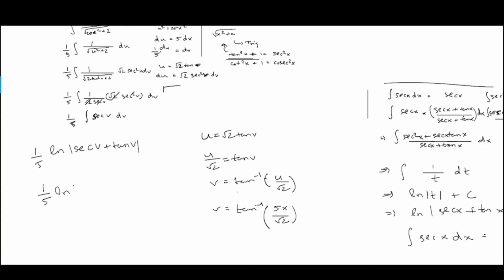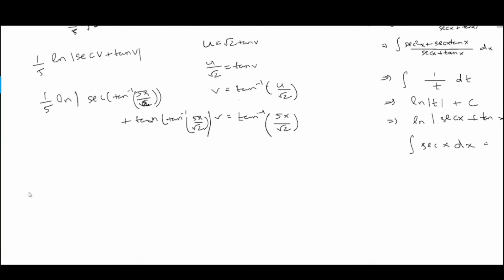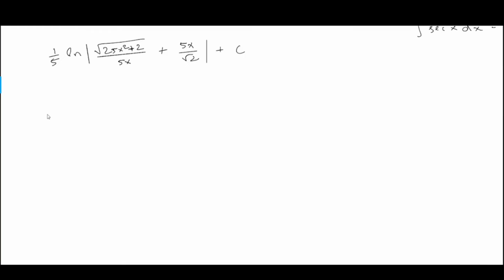So secant v is secant of tan inverse 5x by 3, plus tan of tan inverse 5x by 3. This becomes 1 by 5 ln of the whole thing, plus 2 by 5x. Let's see, that was the first one.